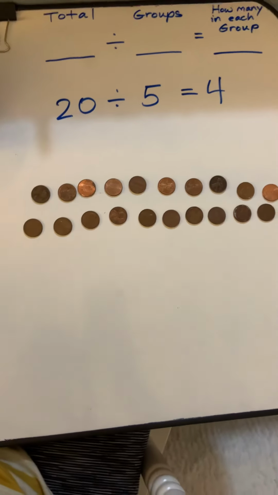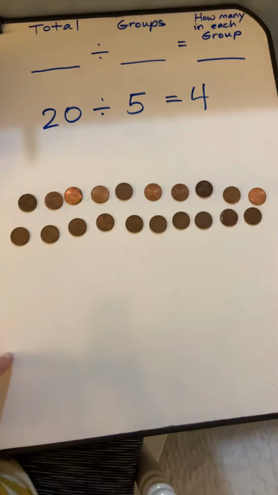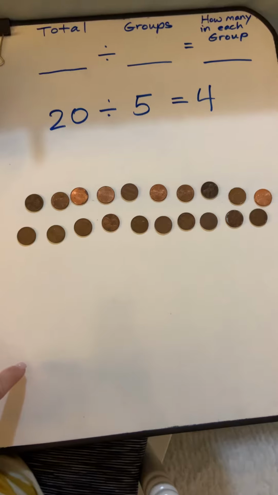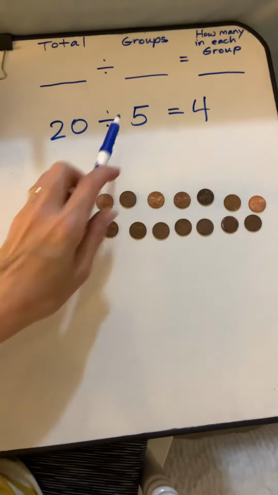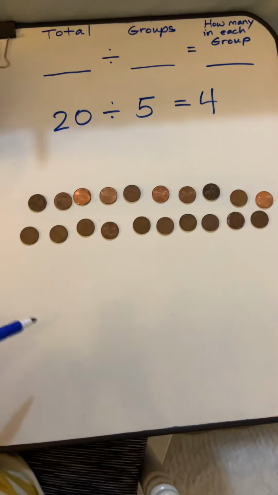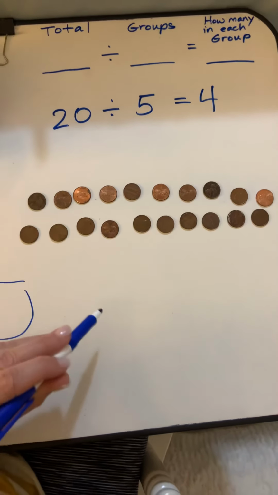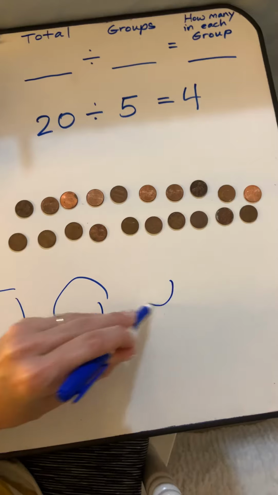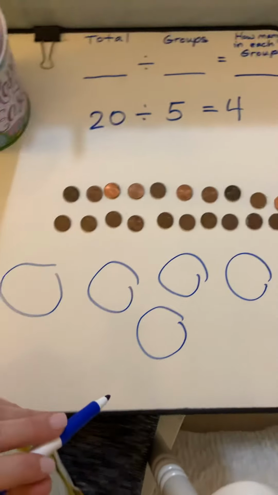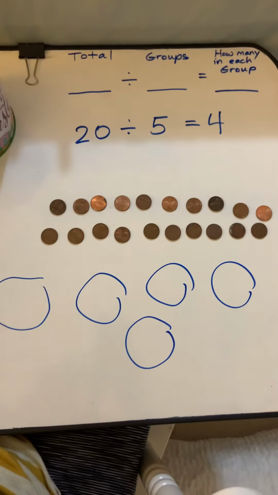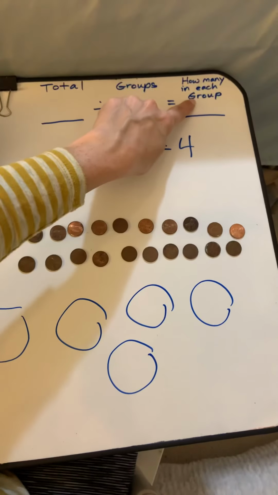Let's say each one of these pennies is a donut. And I have 5 plates. 1, 2, 3, 4, 5. 5 plates. How many donuts am I going to put in each group?